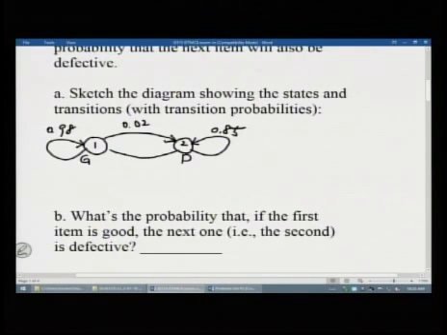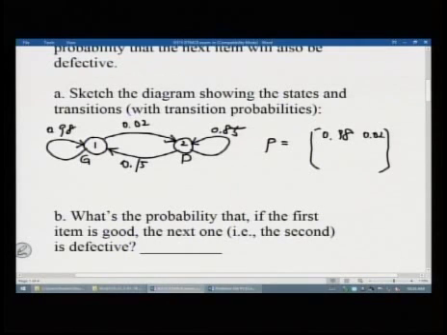Which means this should be only 15%, right? So the transition probability should be a 2 by 2 matrix: 0.98, 0.02, and then 0.15, 0.85. Is that right? It's very straightforward, right? Easy?